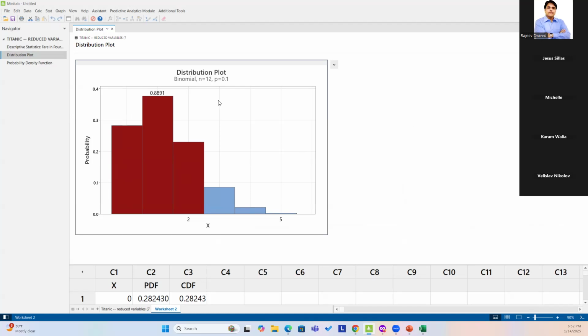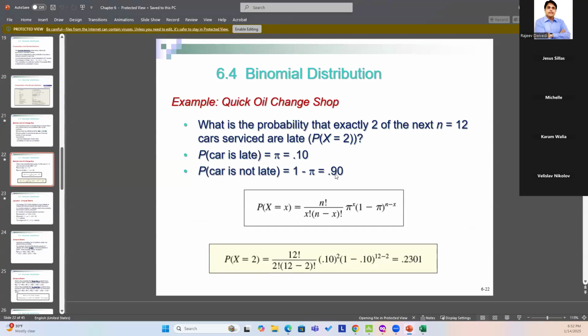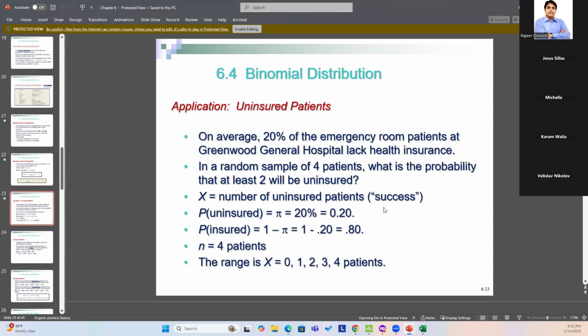This is binomial distribution. In binomial you have two options, and they call it compound event probability, so let me show you. Basically, you can see here, 23% exactly.